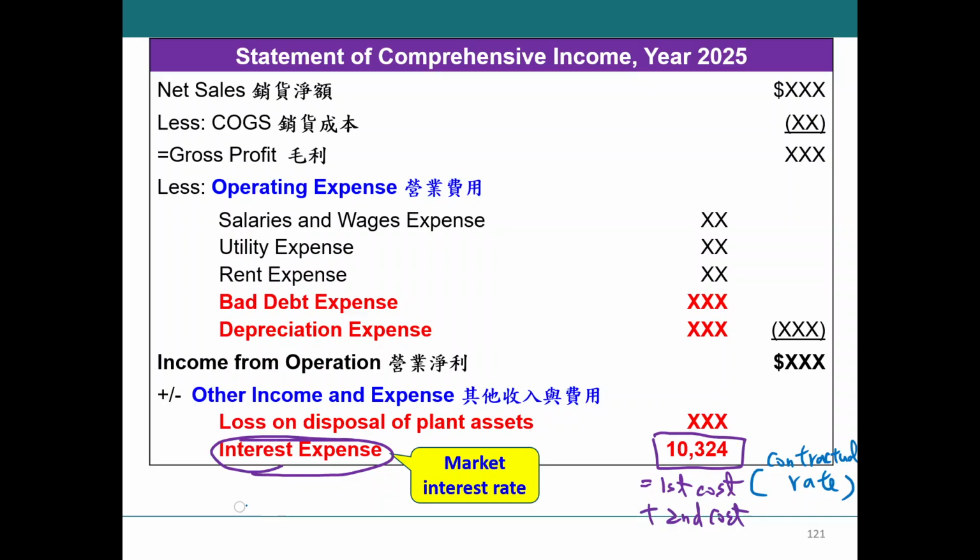Your discounts, right? For each period. Okay? So don't forget, on financial statements, interest expense, we mean actual cost. Actual cost, always market interest rate. So how to get a market interest rate based on your first cost plus your second cost?